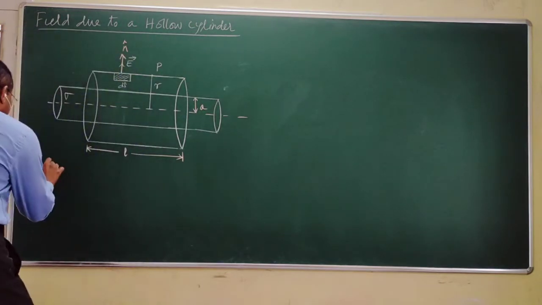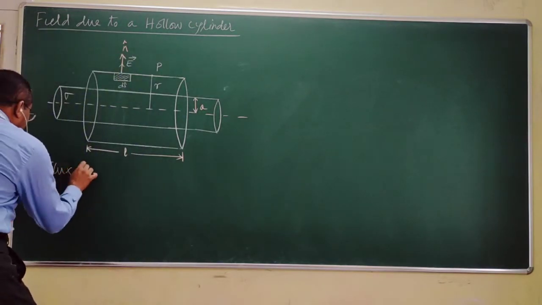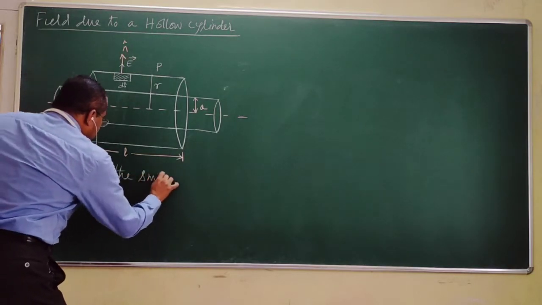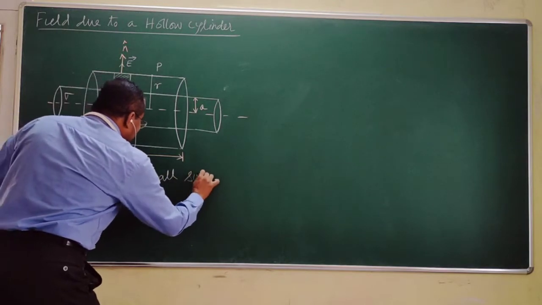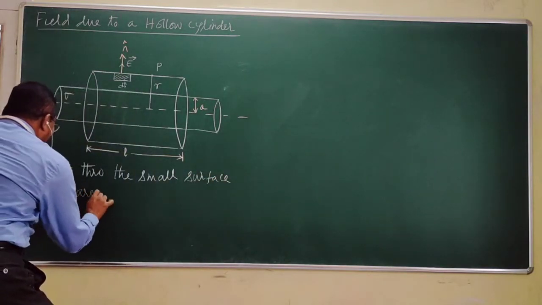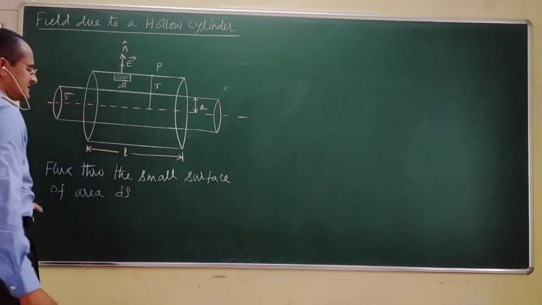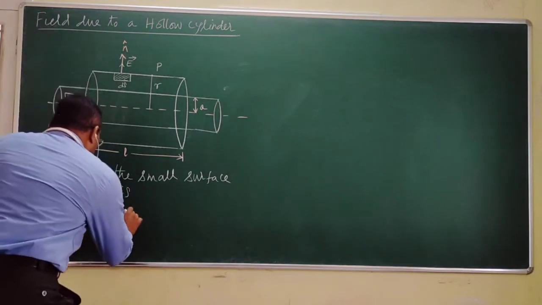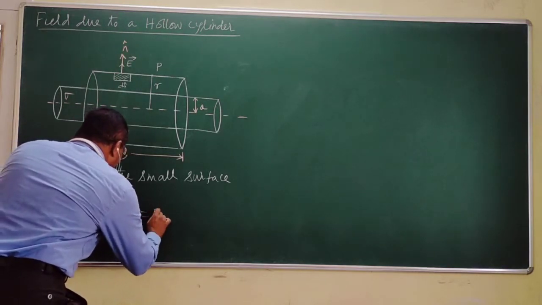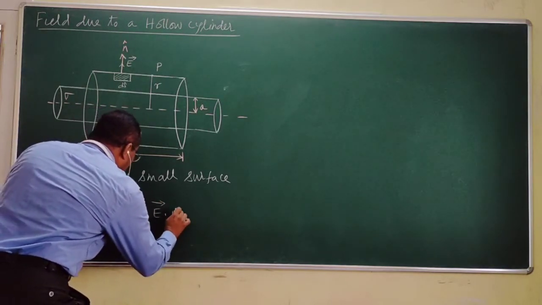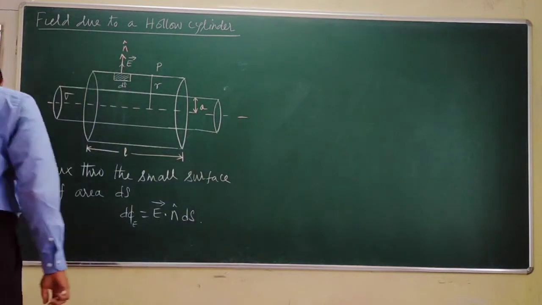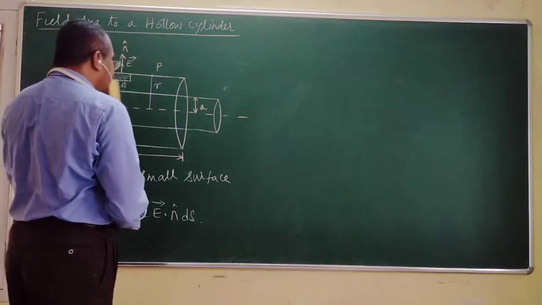Then I will write flux through the small surface of area ds. As we all know, we will write d phi E is equal to E vector dot n unit vector into ds. There is no doubt about this.